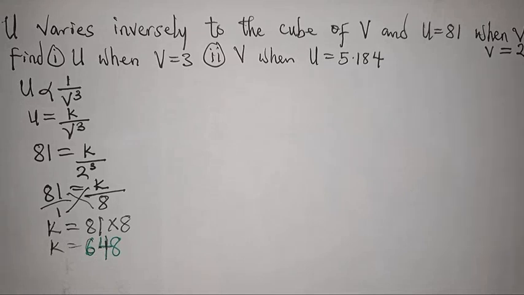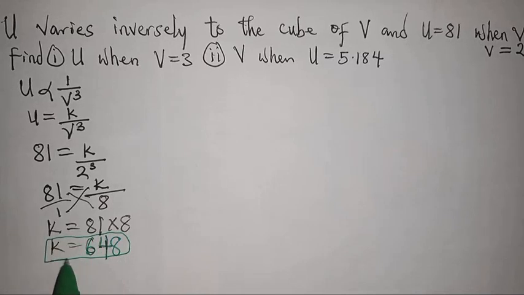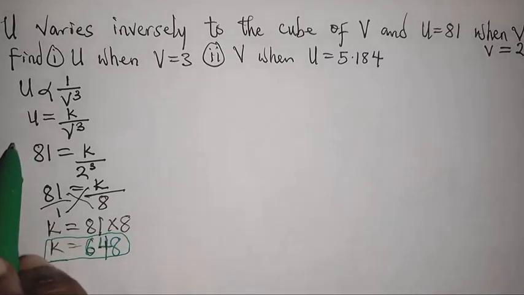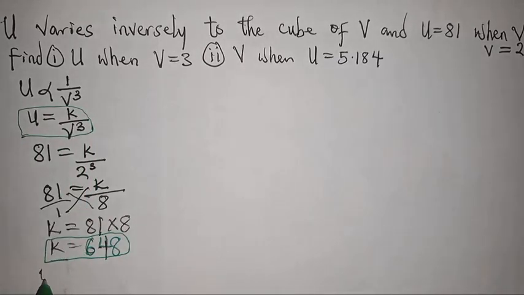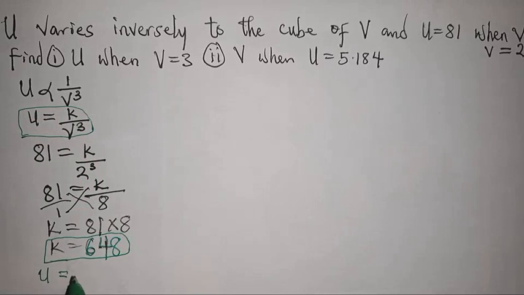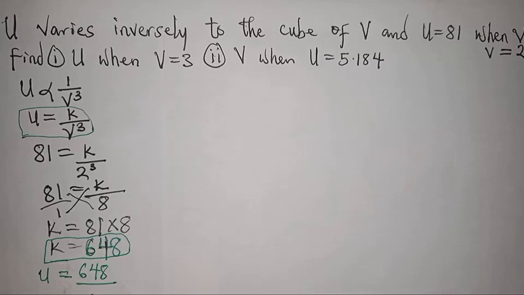Now we've gotten our value for k. Then the next thing we need to do is to write out the relationship between u and v. So we need to come back to this equation. We write u equals k over v cubed. What's k? 648. So u equals 648 over v cubed.